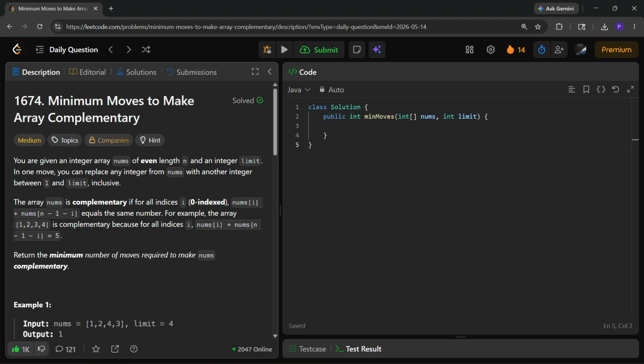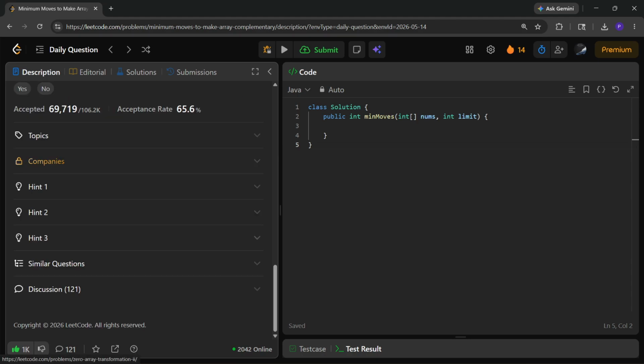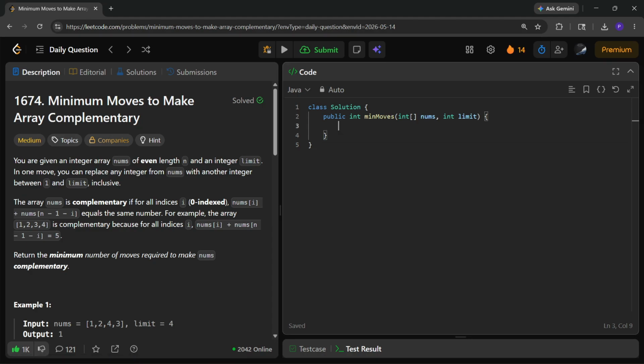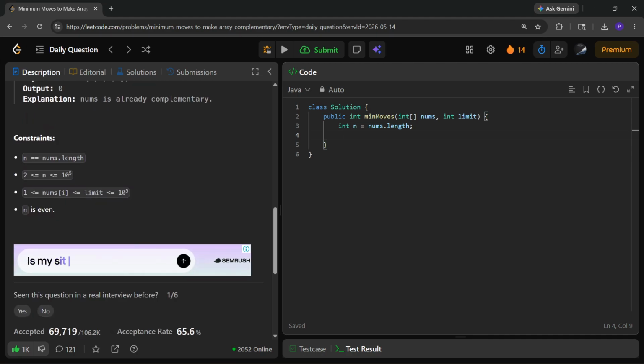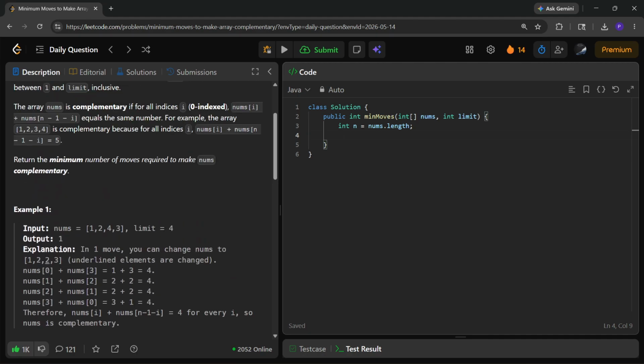Okay, first let me just create this n minus one modification array. Then mod equals new int of size n minus one.